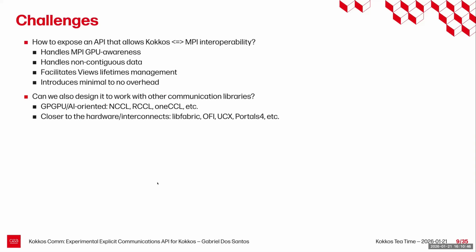And our second question was, can we also design that API to work with other communication libraries? So not only MPI, but also GPGPU or AI-oriented libraries such as NVIDIA NCCL or its equivalent at AMD, which is RCCL. And also other communication libraries that are much closer to the hardware or the interconnect technologies, such as libfabric, OFI, or UCX.